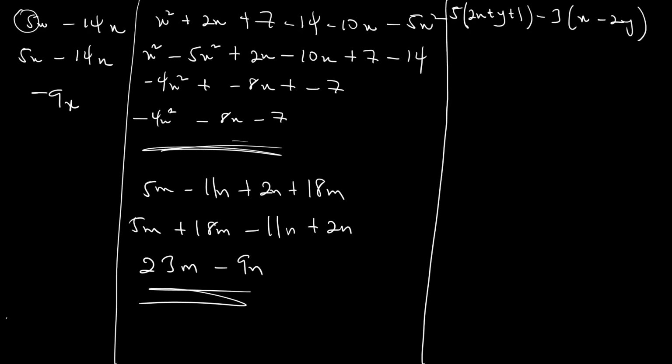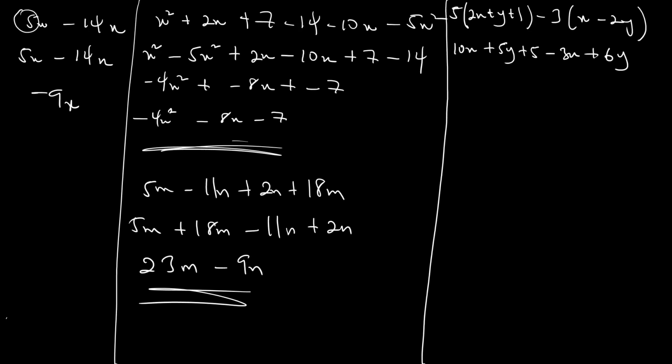So we have 5 times 2x, which is 10x, then 5 times y, which gives us 5y, plus 5 times 1, which gives us 5, minus 3 times x, which gives 3x, then minus 3 times minus 2y. So minus times minus gives us positive. So 3 times 2 will give us 6, so 6y.